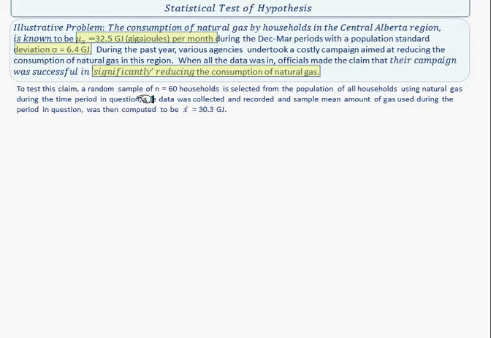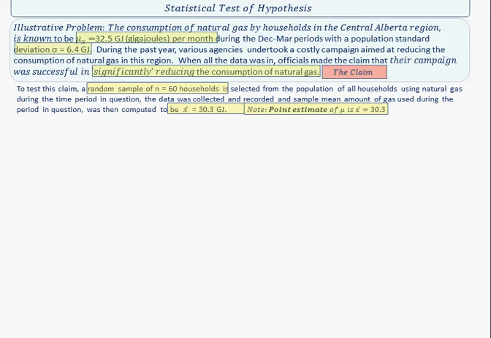So we do a sample of 60 households. We found that the sample mean was 32.5 gigajoules, and we want to find if this is significant to suggest that indeed this is a reduction from the 32.5 gigajoules indicated on the screen.